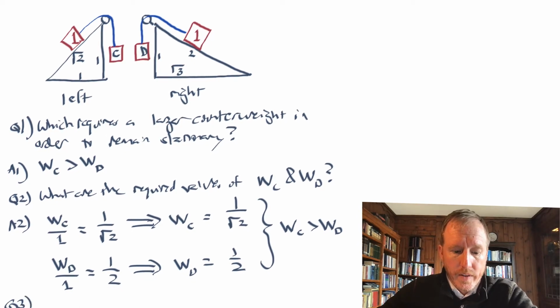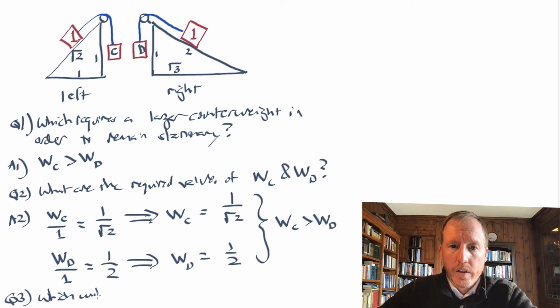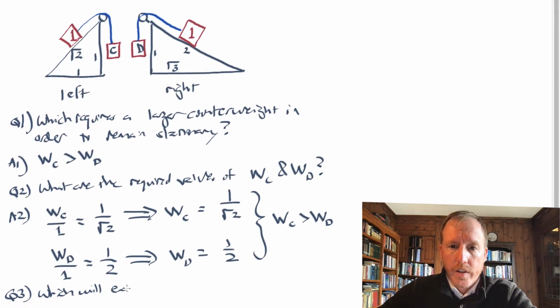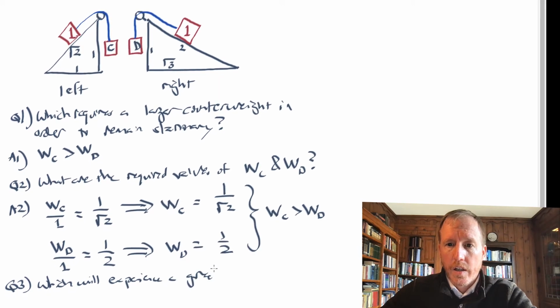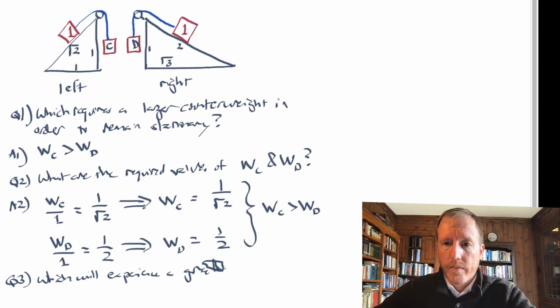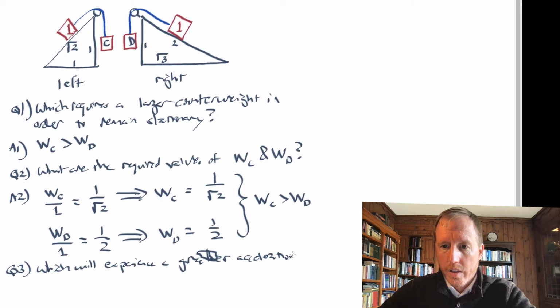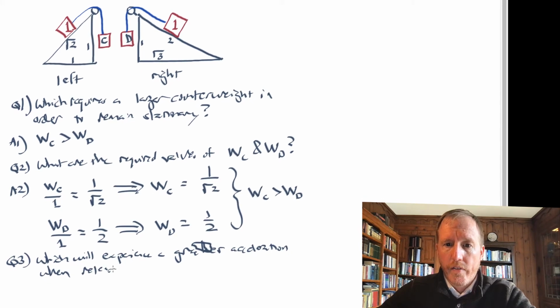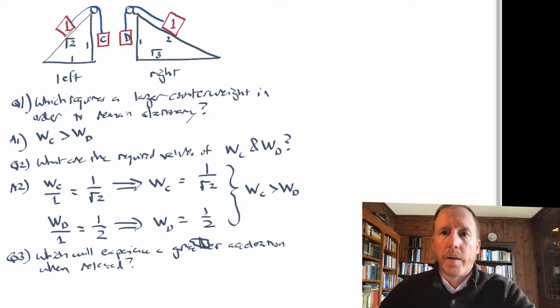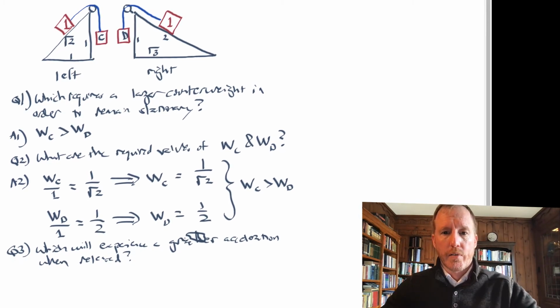Question 3. Which will experience a bigger acceleration when released? So if these two strings are cut and both blocks are allowed to slide down the ramp, which will accelerate more?